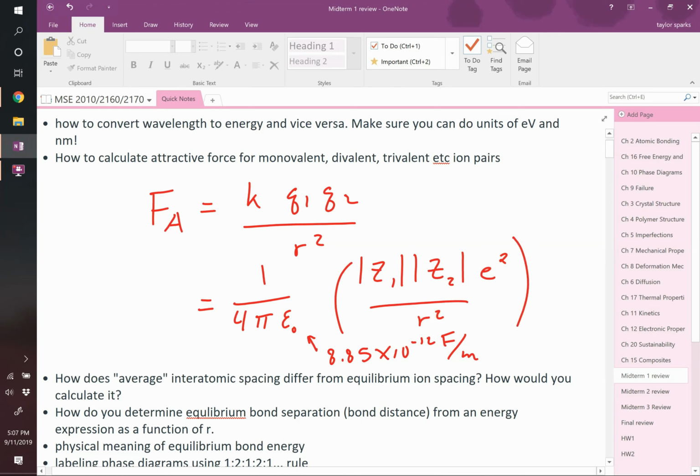That's it. It's the exact same thing, except that in physics it's more general because you're talking about whatever arbitrary charge you want, and here we're talking about ions that have integer values of charge.